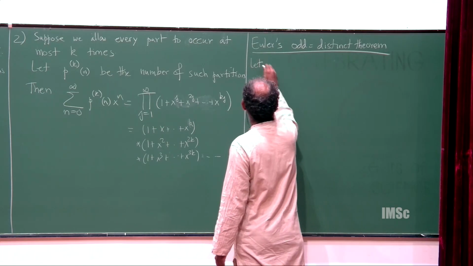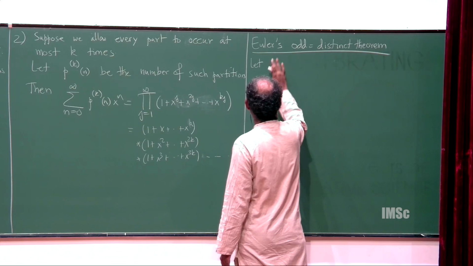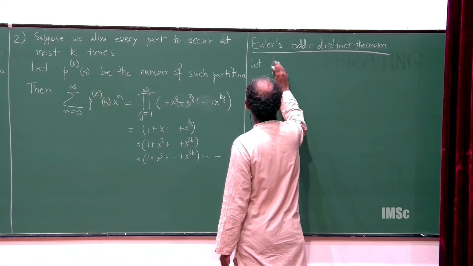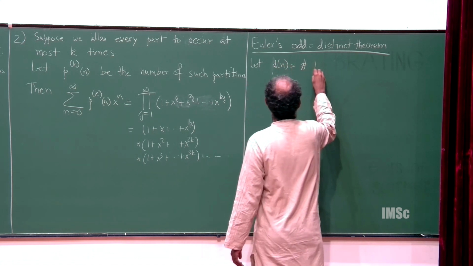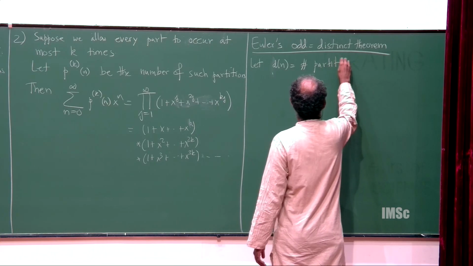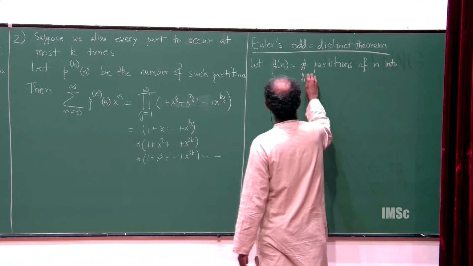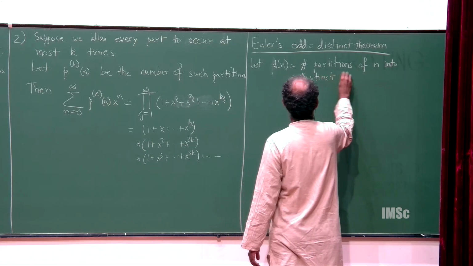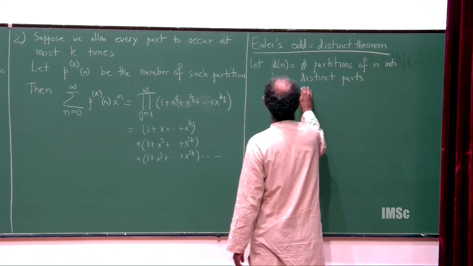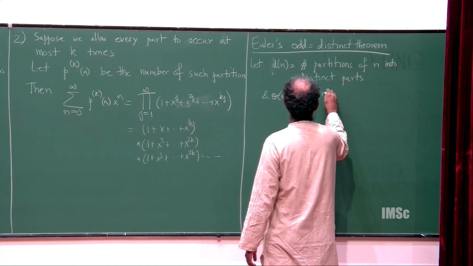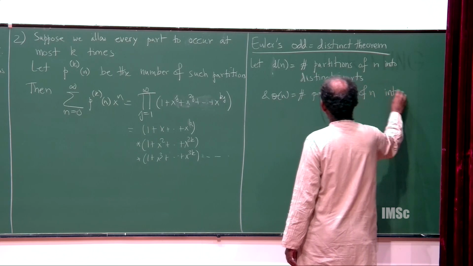Let d of n be the number of partitions of n into distinct parts and O of n be the number of partitions of n into odd parts.